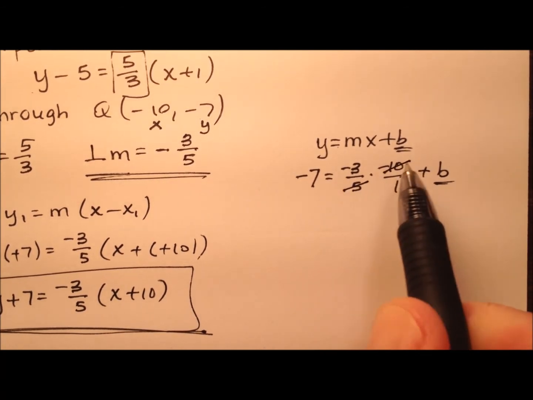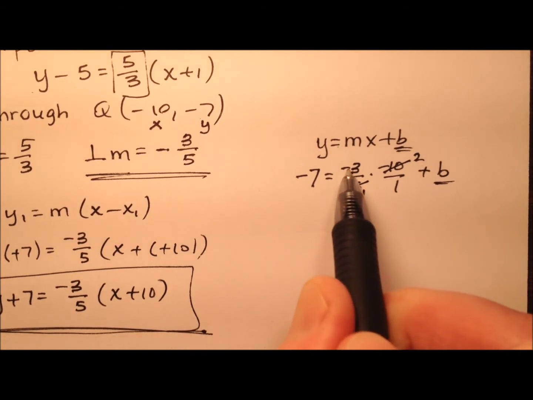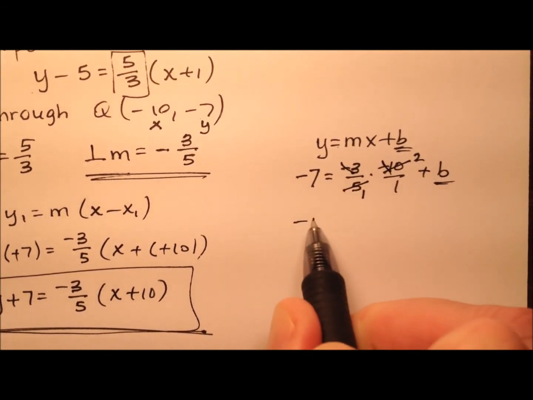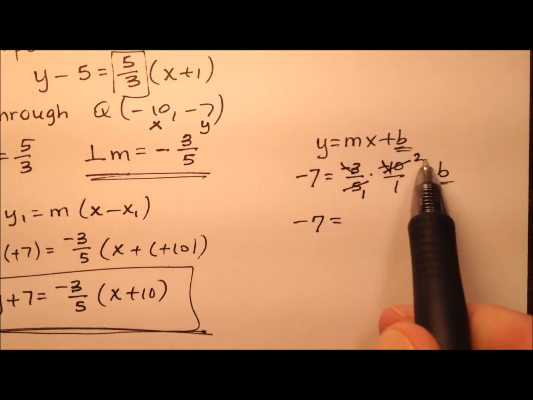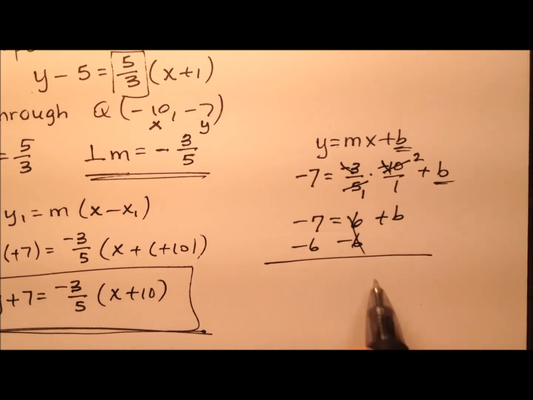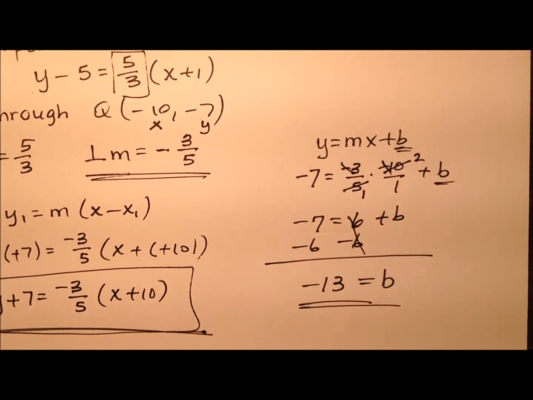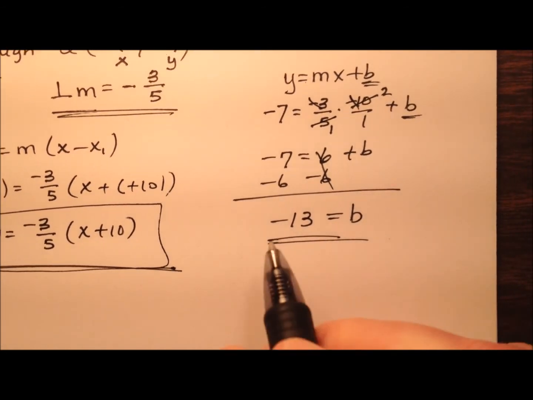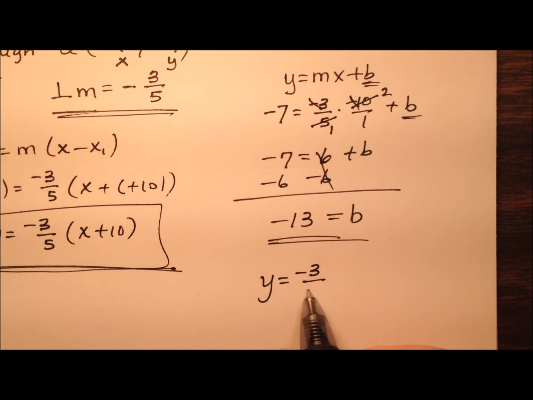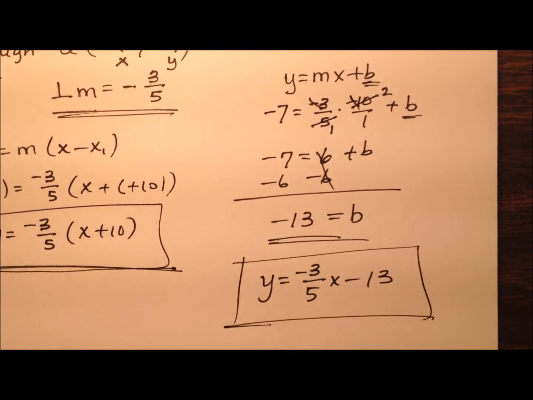The 5 and the 10 cancel to make a 1 and a 2, and the negative 3 and negative 2 combine. So I have negative 7 equals 3 times 2, which is 6, plus b. When I subtract 6 from both sides, my b value is negative 13. So my equation in slope-intercept form is y equals negative 3/5 x minus 13.